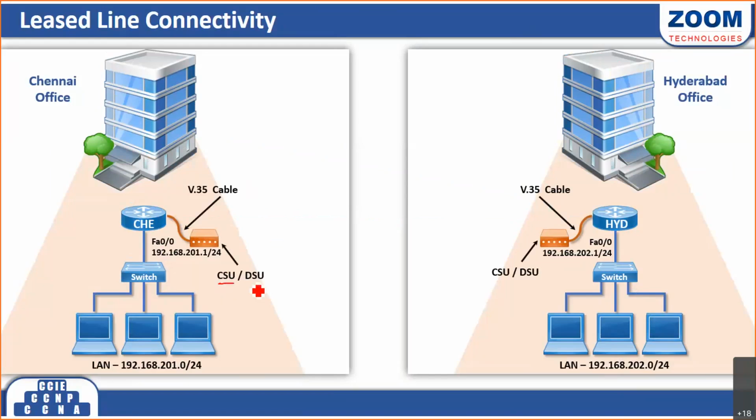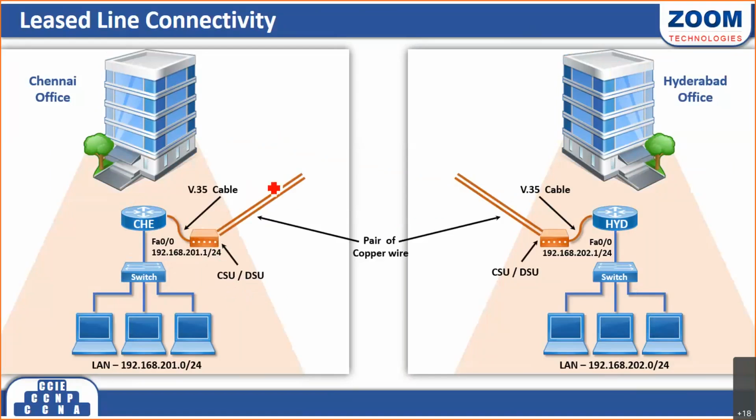Channel service unit, data service unit modems. The job of this modem is to convert electrical signals from copper wire, RJ11 signals, to serial signals, like 60 pin, 26 pin signals, and copper wire to the service provider.